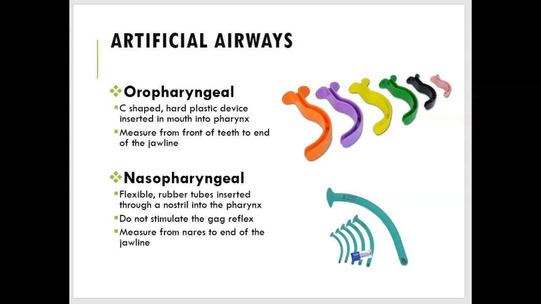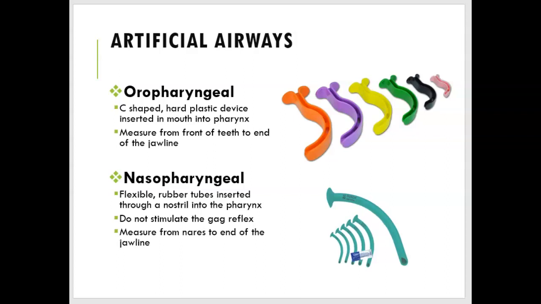You measure it from the front of the teeth, with the flange at the front of the teeth, to the end of the jawline. There is a video that I will put in the module section on how to properly insert these devices into a patient's mouth.